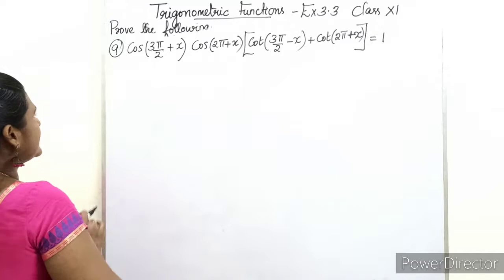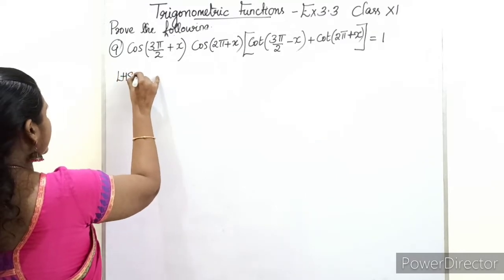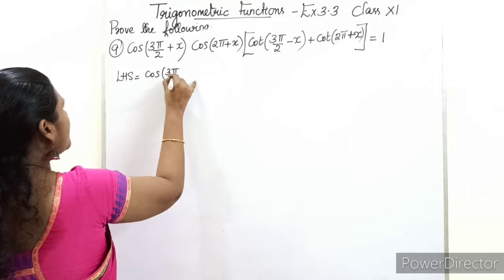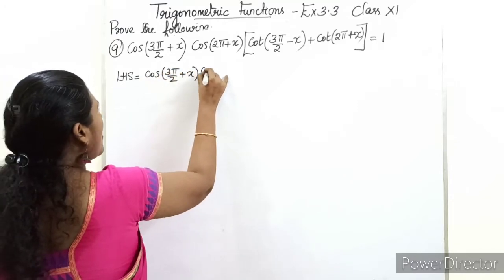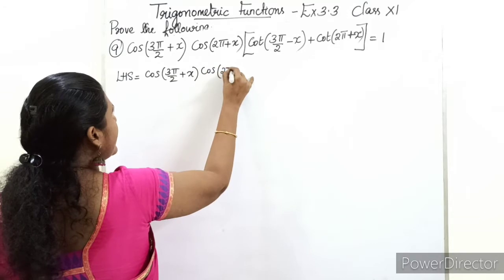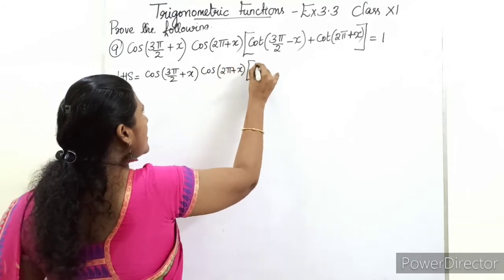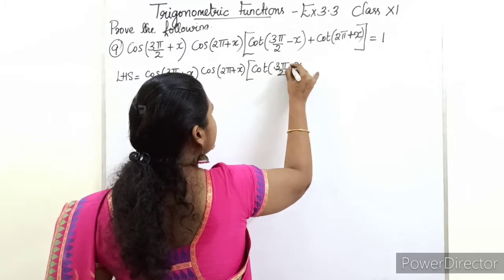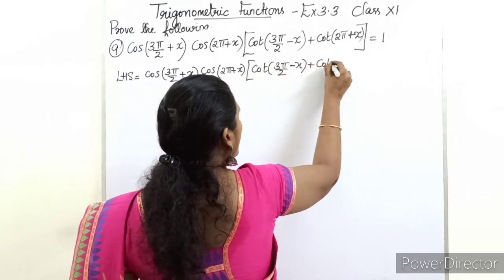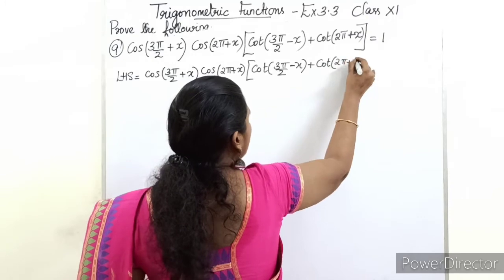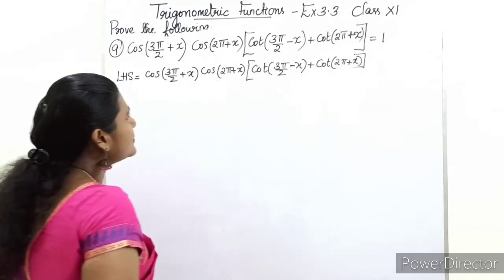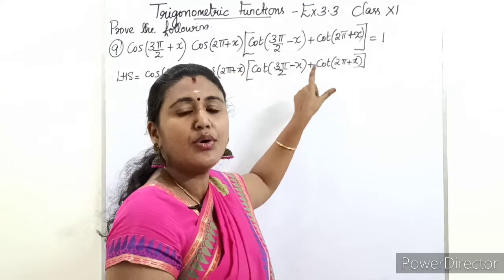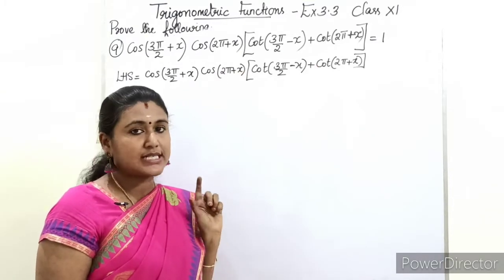So how to prove this? We will start with the left side expression. LHS is equal to cos 3 pi by 2 plus x into cos 2 pi plus x into cot 3 pi by 2 minus x plus cot 2 pi plus x. So in the left side, you have to simplify all these 4 expressions and find out their values.